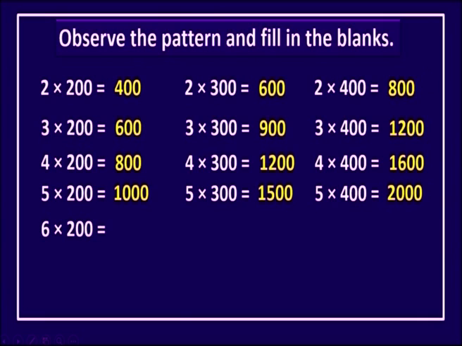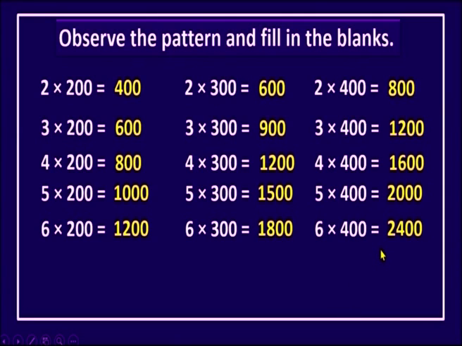Now children, can you tell me what you get for 6 into 200, 6 into 300, 6 into 400? Let's see. So 6 into 200 is exactly right, it is 1200. Now what about 6 into 300, children? Again you are right. Now finally let's see this answer. Oh, that is also exactly right, children.